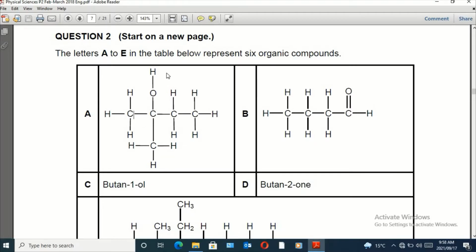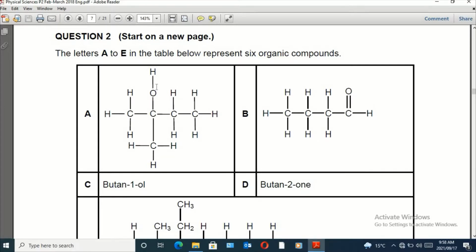As we can see on compound A, the OH group is connected to the alkyl group, as I've mentioned. Remember, alkyl groups are functional groups derived from alkanes. If instead of the OH here we had an H, this would just be a normal alkane.